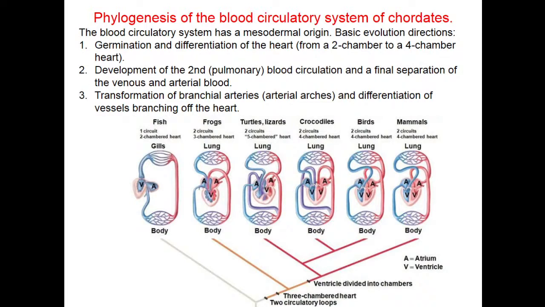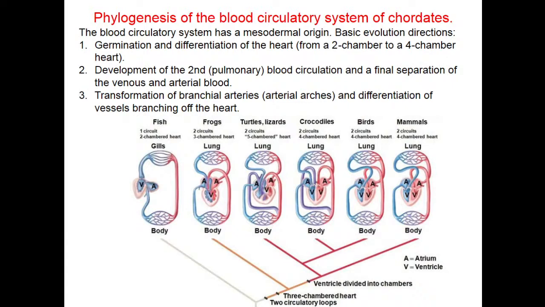And again, you can see in this slide the phylembryogenesis, or evolutionary tree, where we see many branches. At first the heart had two circulatory lobes, then a three-chambered heart, then the ventricle divided into chambers, then divided into atrium and ventricle.